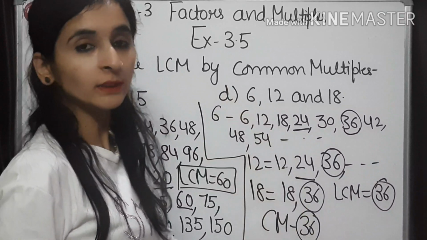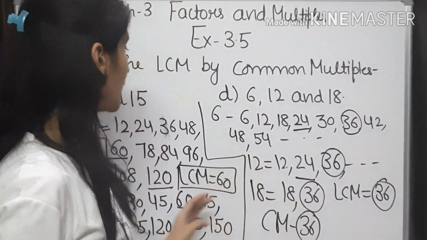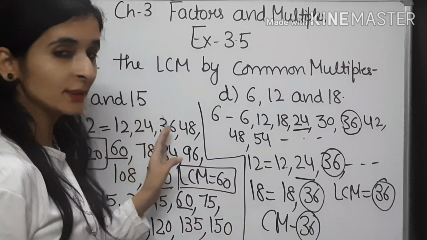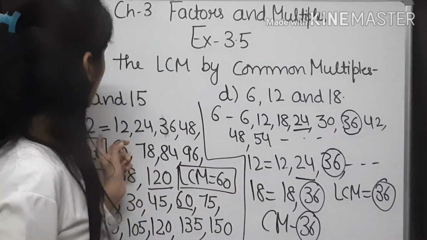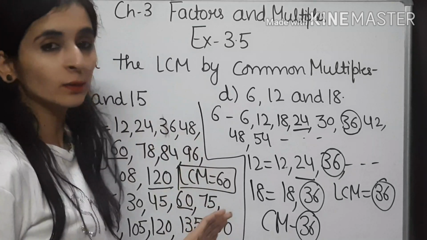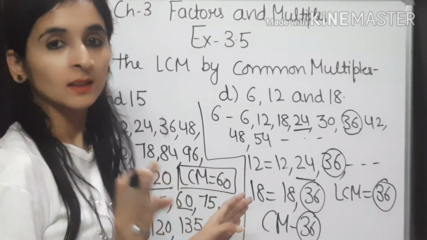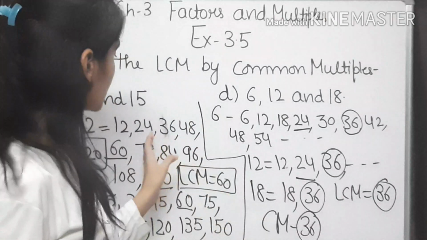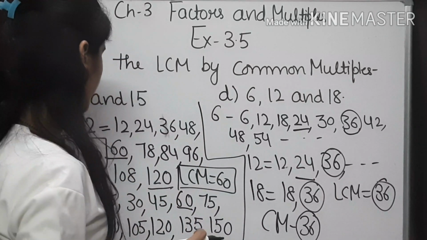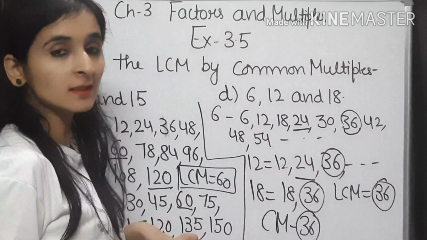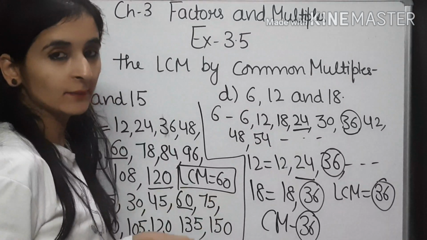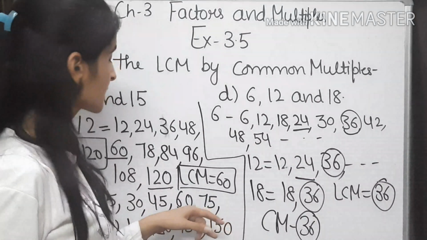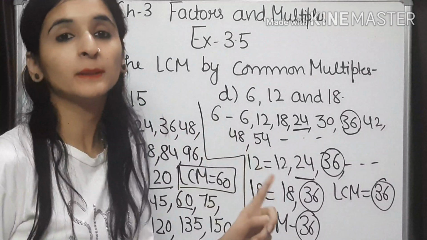See, that is if you have been given 3 numbers, but if you have been given 2 numbers and you have to find the LCM of 2 numbers, then for the first number you will write the multiples as far as you can, and then while writing the multiples of the second number you just have to find the multiples till the first common multiple.